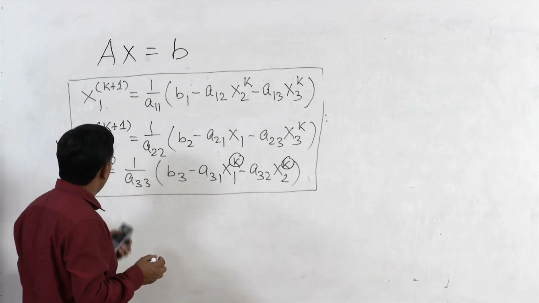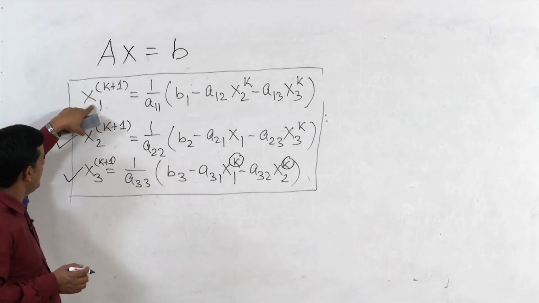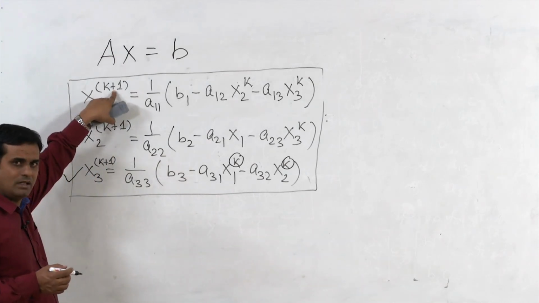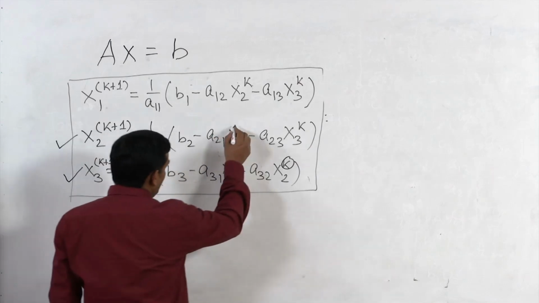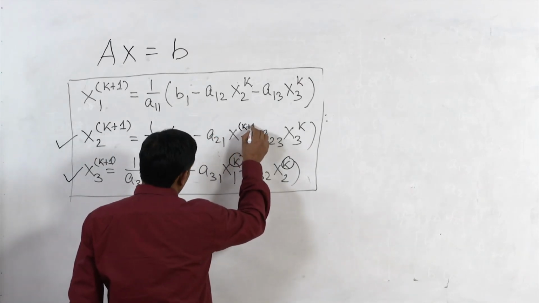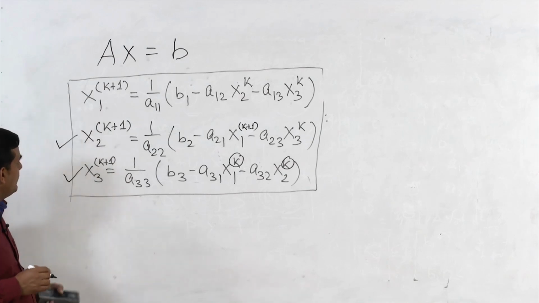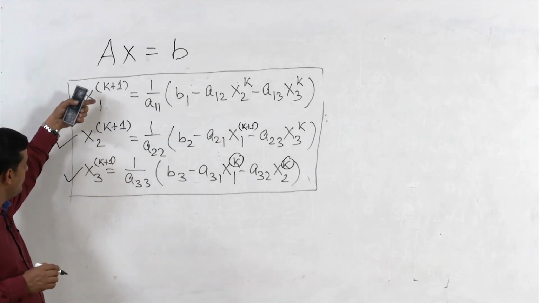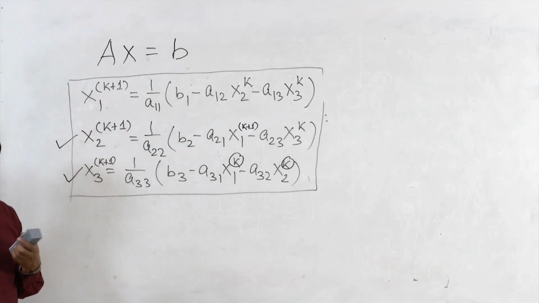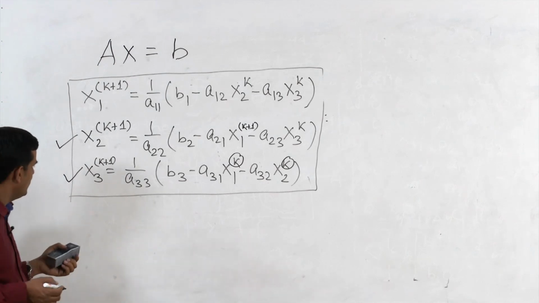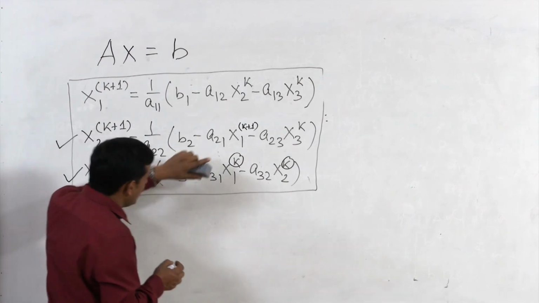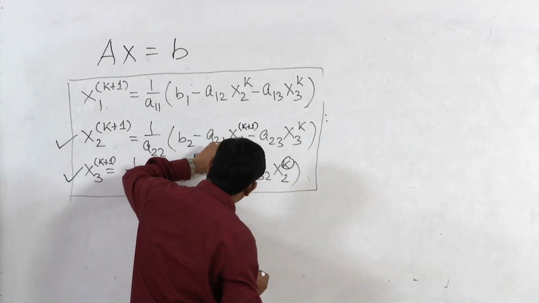For example, in the first equation I will calculate x1 at the k plus 1 iteration, and I will use this value. From the first and second equations, I will get the values of x1 and x2 respectively in the k plus 1 iteration, and in the third equation I will use these new values.